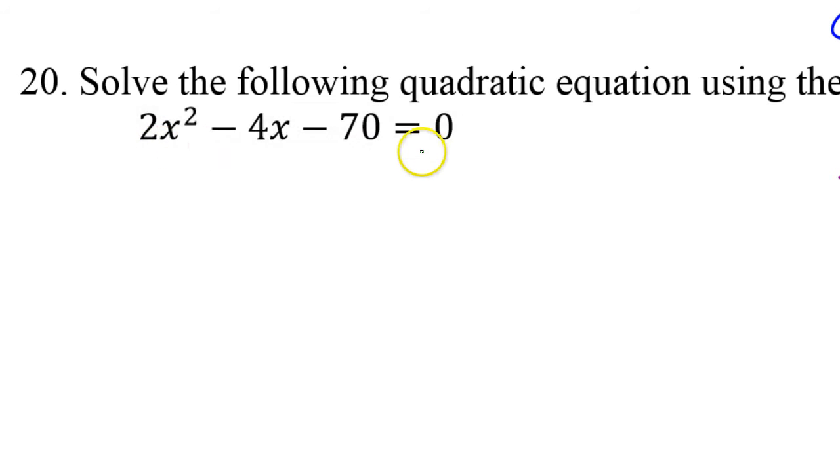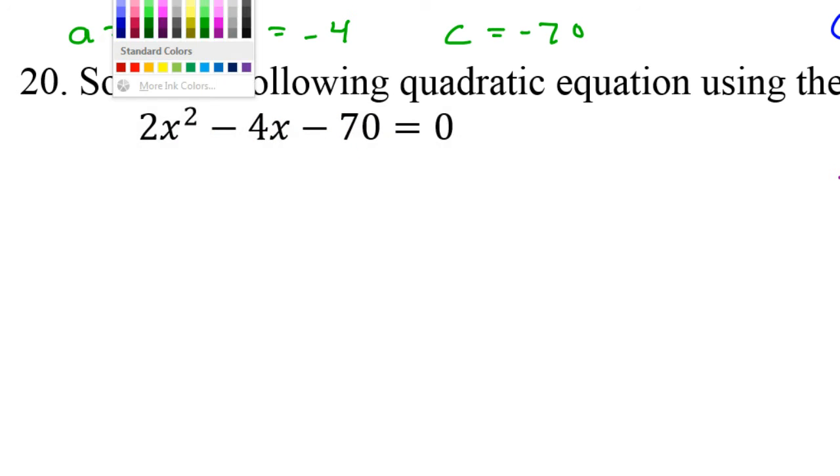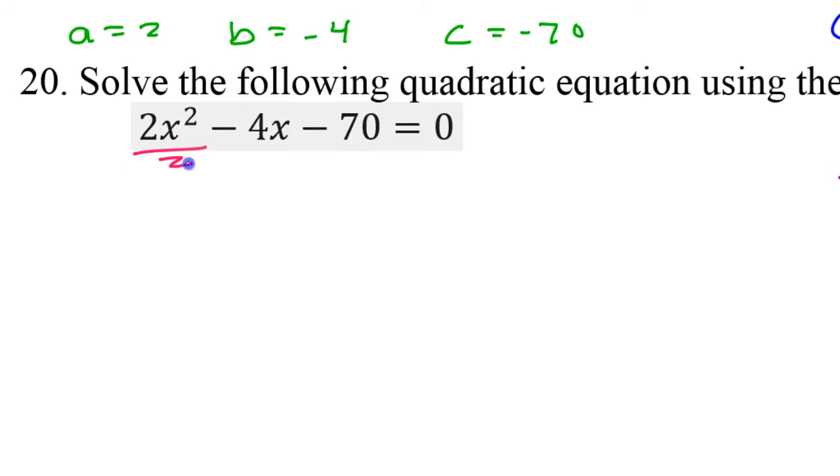Now this equation is already in standard form with a being 2, b being negative 4, and c being negative 70. If you happen to notice that all three of these numbers are divisible by 2, then you could have divided everything in this equation by 2.